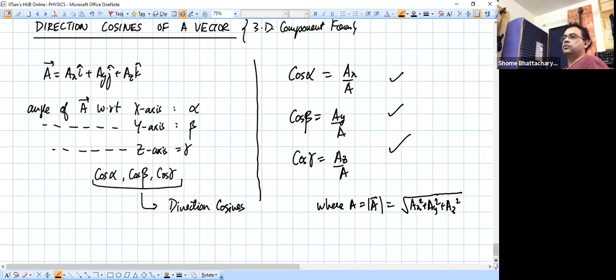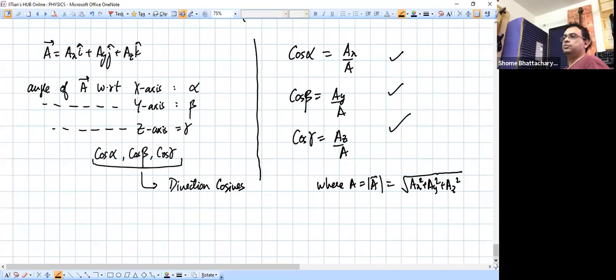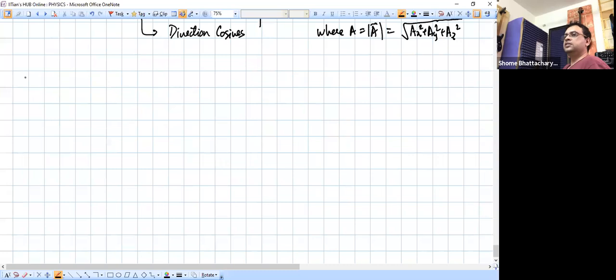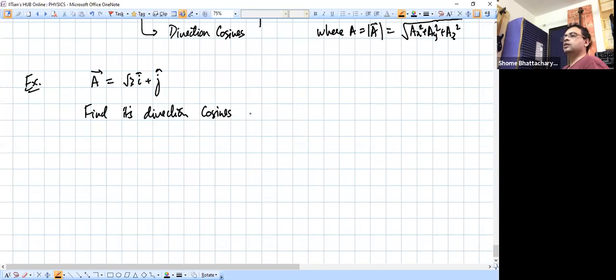So like I told you, let me give you a simple example of the application of these formulae. Suppose we have a vector lying in the xy plane. It's root 3 i cap plus j cap. Now you say find its direction cosines and alpha, beta and gamma, the angles.